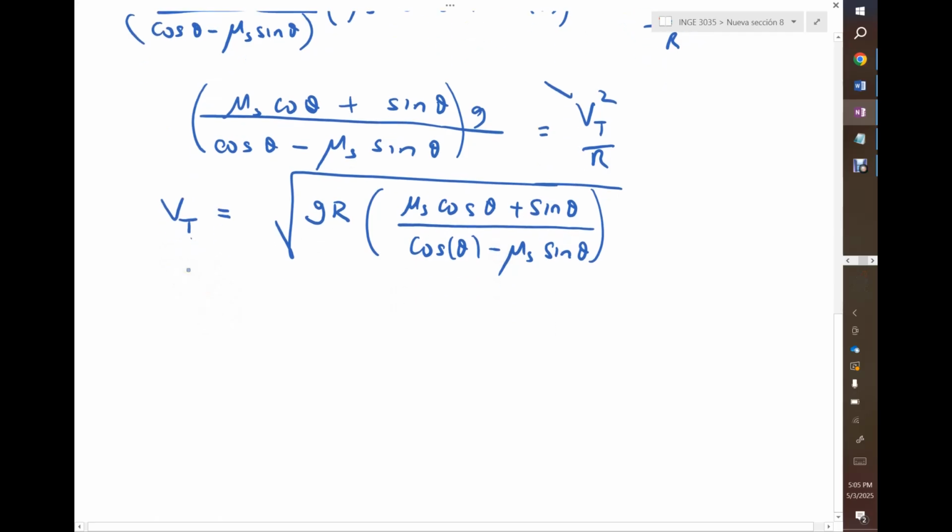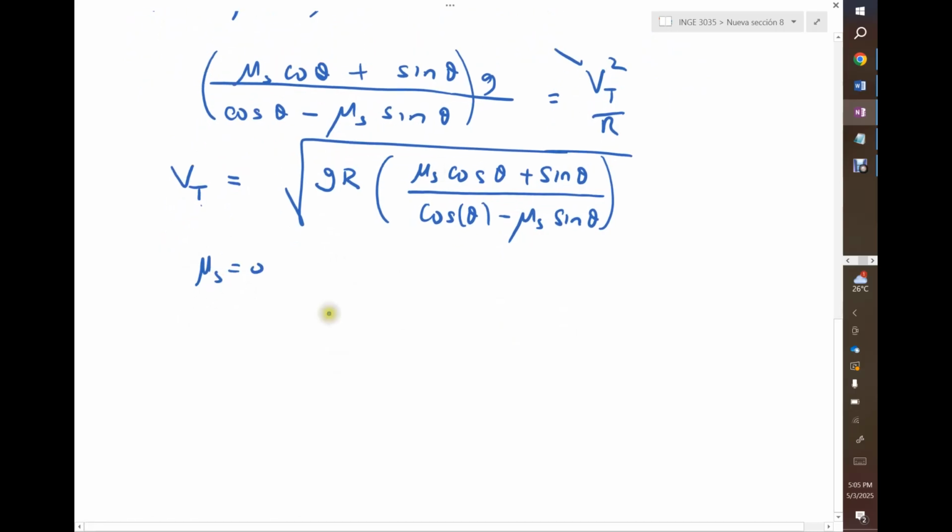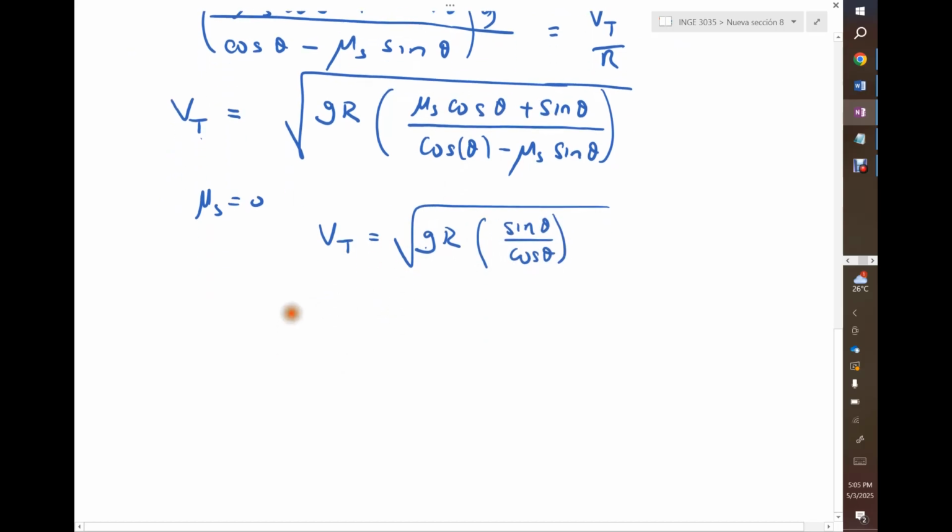Now, a few things here and there. Let's say that mu s is 0. That simplifies this very quickly, because it will end up like bt equals the square root of g times r, g being the acceleration, and we end up with sine of theta over cosine of theta, and so bt equals the square root of gr times the tangent of theta, and we're done.